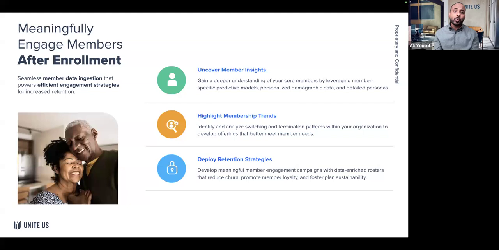One of the things they do is use our custom disenrollment models that are built off their actual disenrolled members. So they can proactively engage with them and see who's likely to terminate and then be able to have some interventions there if they know that this type of member is more likely to terminate versus another type of member.